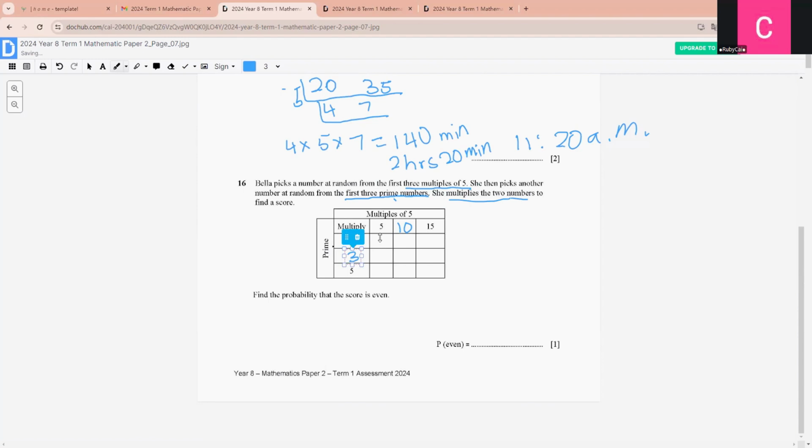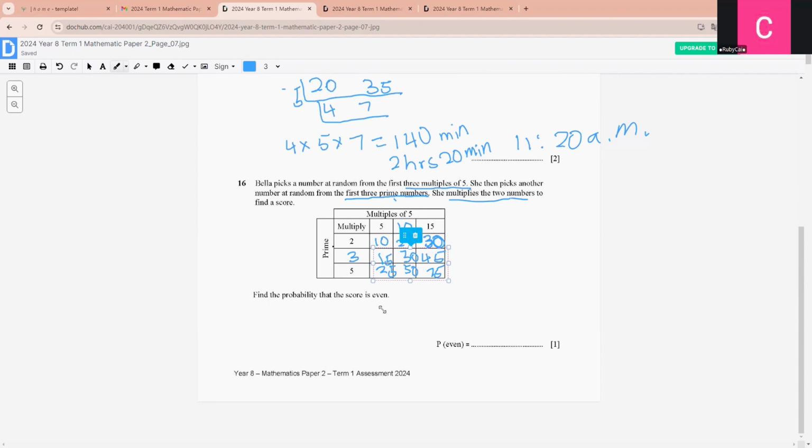So now we just multiply everything. And this is what the table should look like.